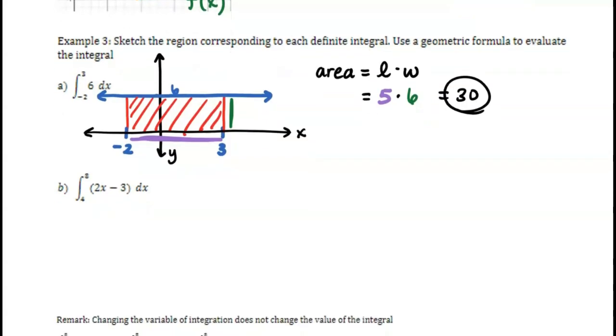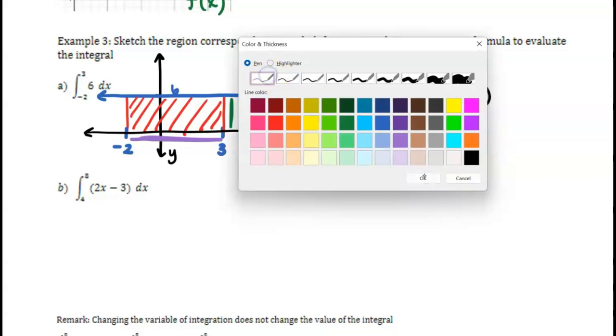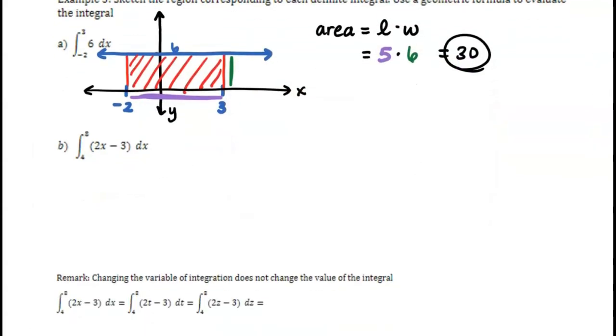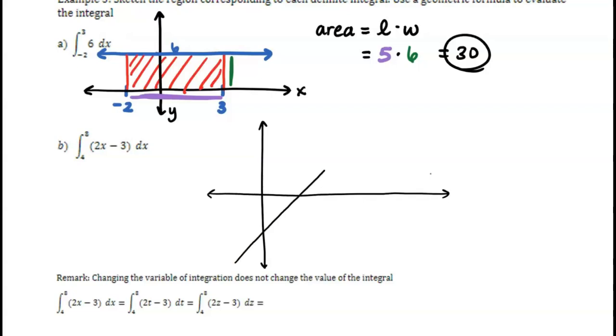Looking at part B, we have the function 2x minus 3 from 4 to 8. I'm going to go ahead and set up some axes and sketch what that graph looks like. The graph looks something like this. 4 is somewhere over here, and 8 is somewhere over here.